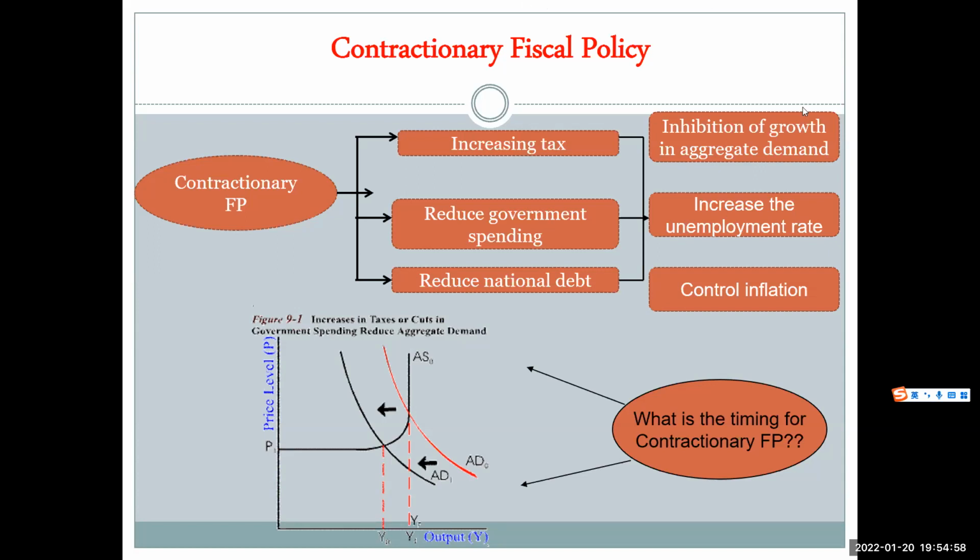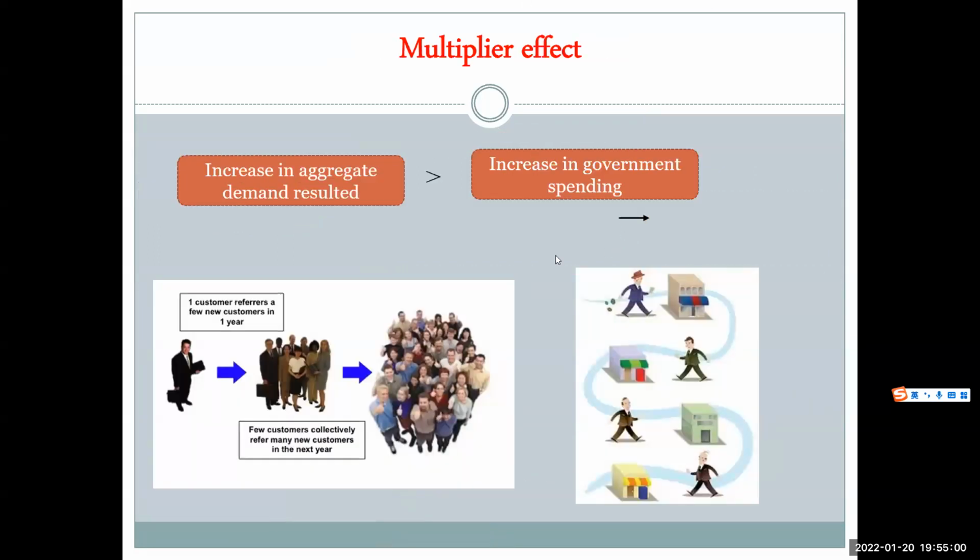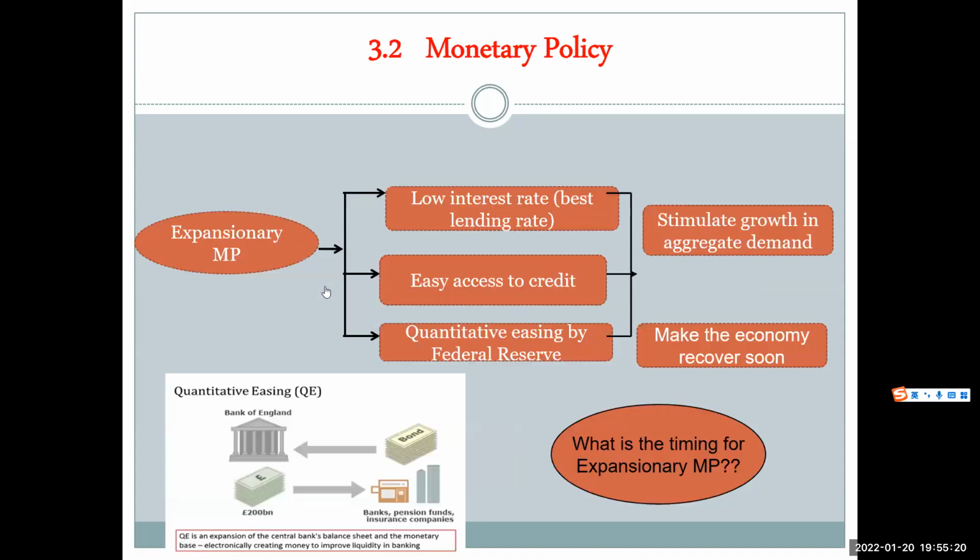Then let's see the multiplier effect. So when we increase aggregate demand, it will result in the increase in government spending actually. And okay, now let's see the last issue, monetary policy. So we also have expansionary monetary policy and contractionary monetary policy.